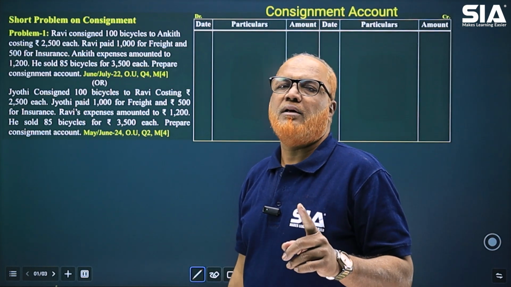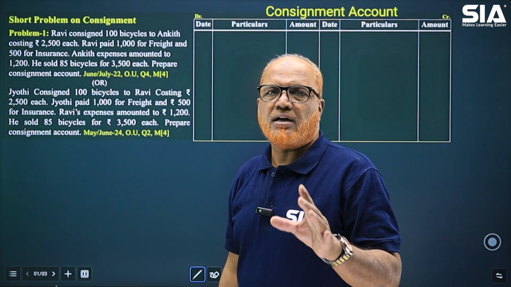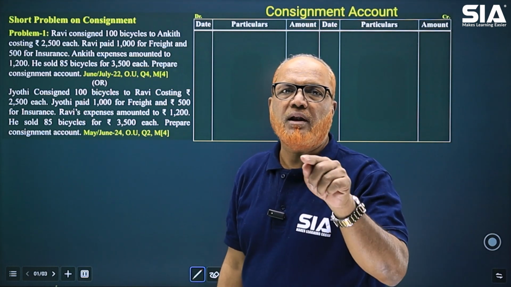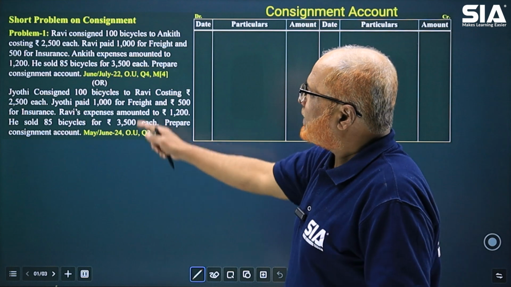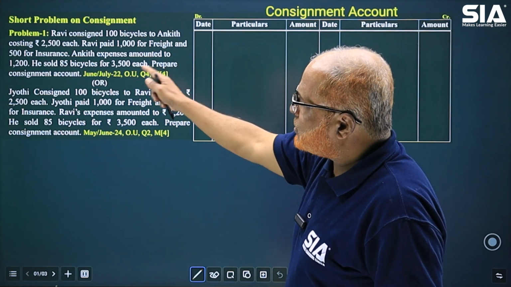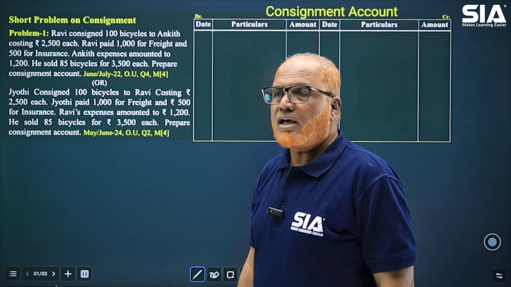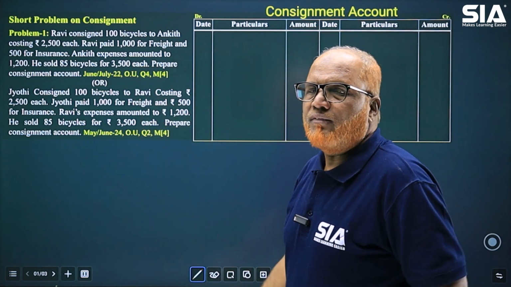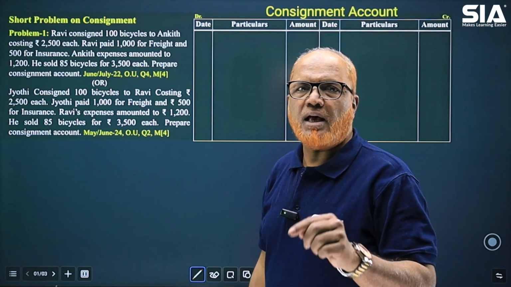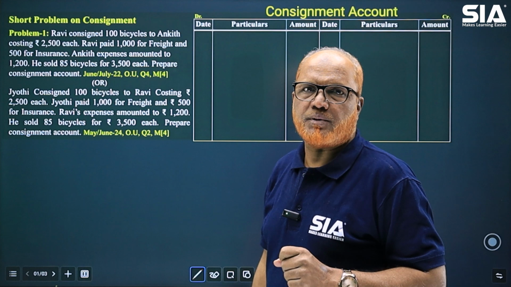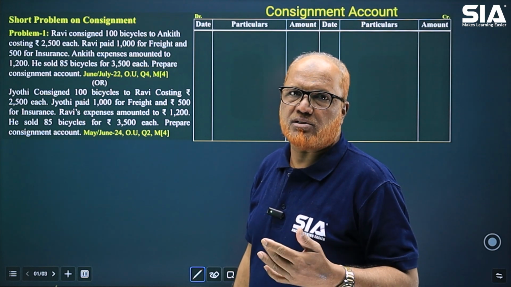One point you remember, the expenses paid by the consigner will always be direct expenses, non-recurring expenses. And Ankit's expenses amounted to 1,200. The consignee has spent 1,200 rupees. If nothing is given, we should assume it as indirect expenses, not direct expenses, recurring expenses.